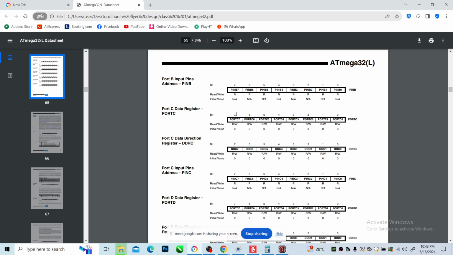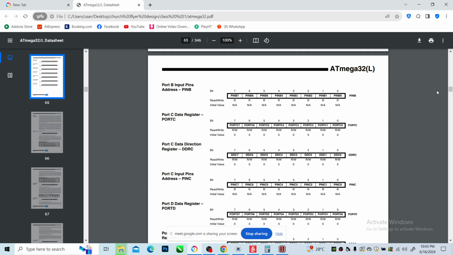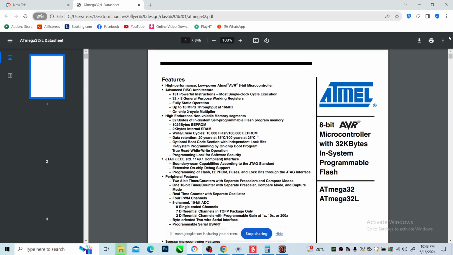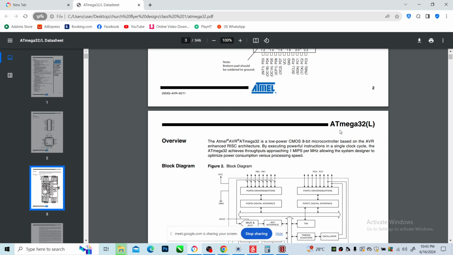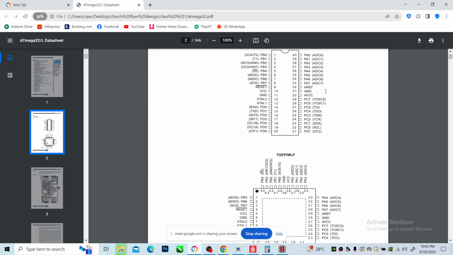So again, let's look at it. I call this A. But remember, this is PA0. Let's check again. Home page. This page is page 65. This is it. Can you see this is 0 now? This is port A0. It was arranged from here to here, but I connected from here to here.